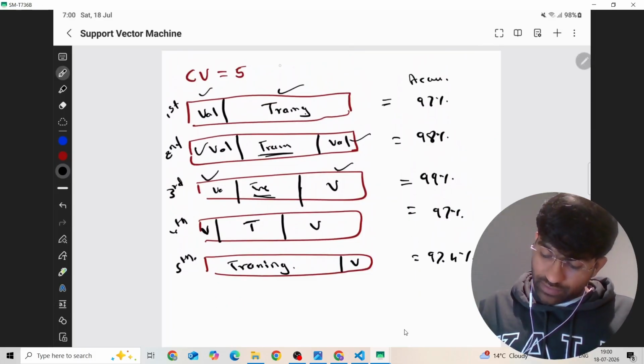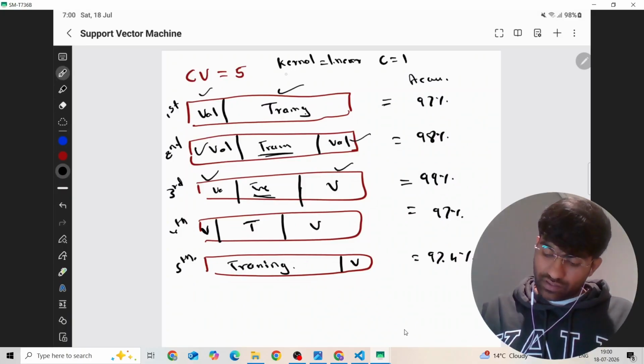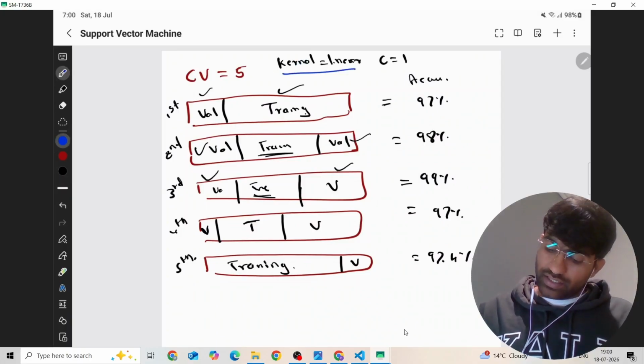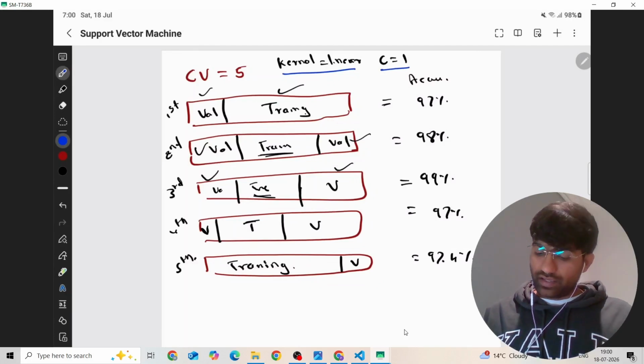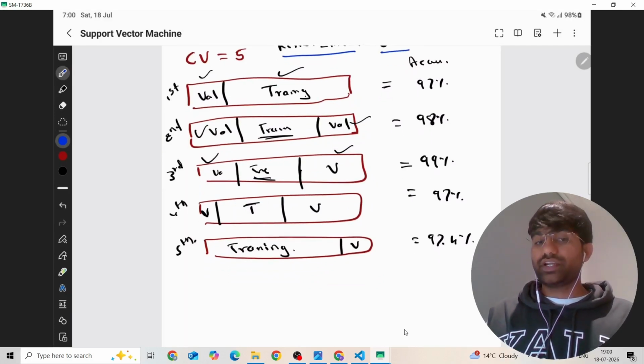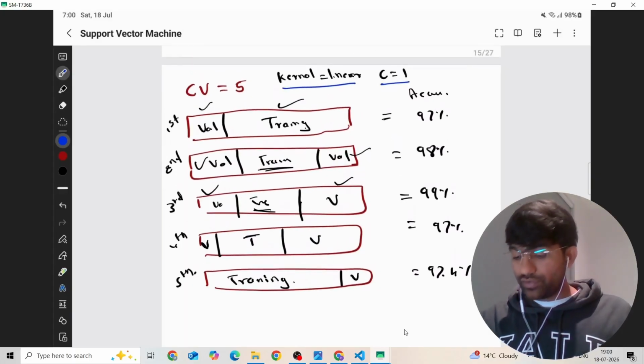Let me specify here, kernel is linear, C is equal to 1. For kernel linear and C equal to 1 and cross validation equal to 5, it has trained your model 5 times and evaluated your model 5 times and you got 5 accuracies.